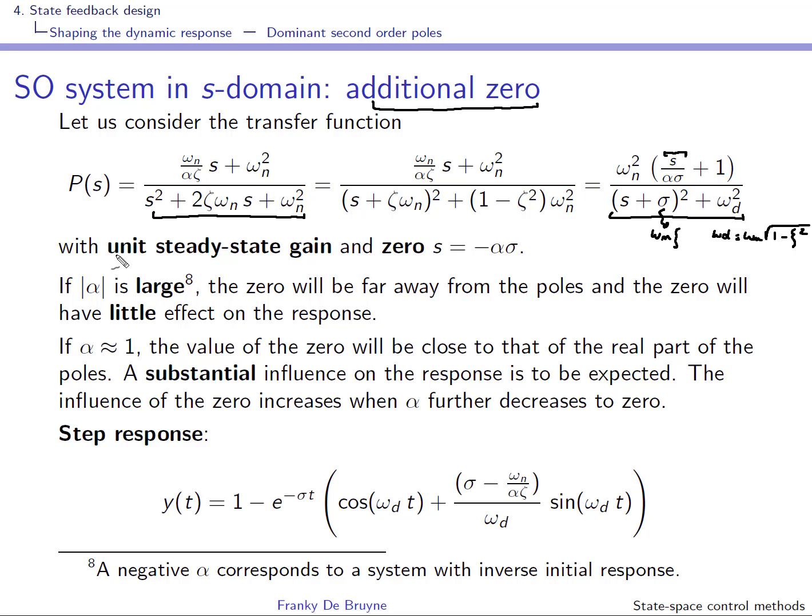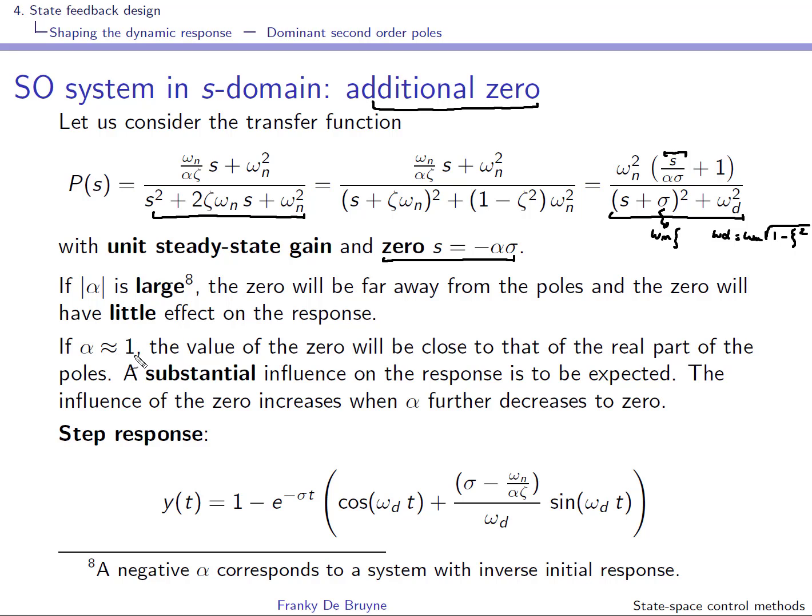We see that we still have a unit steady state gain, and we have the presence now of this zero in minus alpha sigma. So you see that when alpha is large in modulus, the presence of the zero will have very little effect on the response, and this zero will be very far from the two complex conjugate poles.